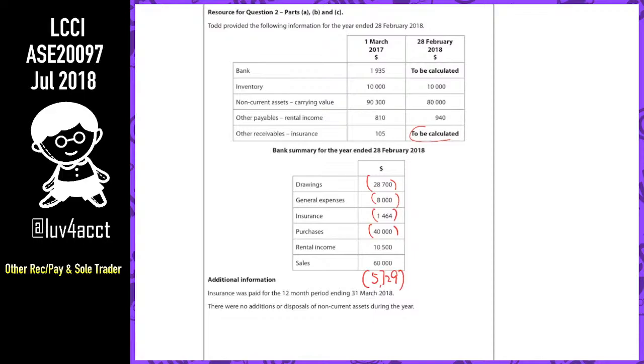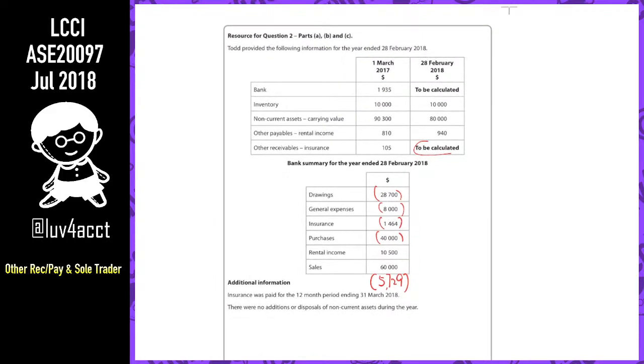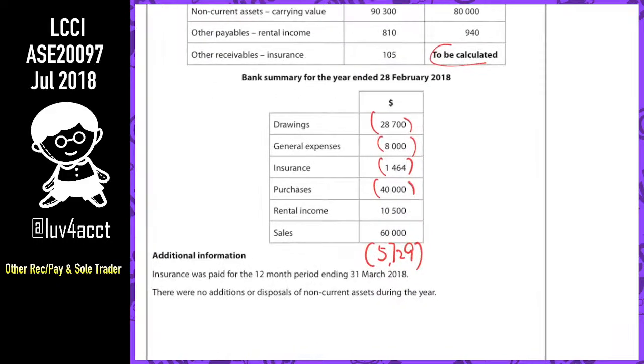Insurance was paid for the 12-month period ending 31st March year 2018. Our year end is on the 28th of February, so it is paid till March. That means 1 month in arrears. Let us go to insurance. 1464 is for 12 months, so 1 month would be 122 prepayment.